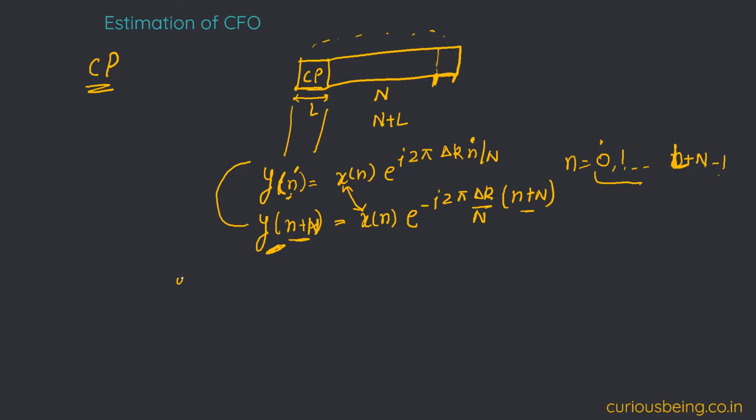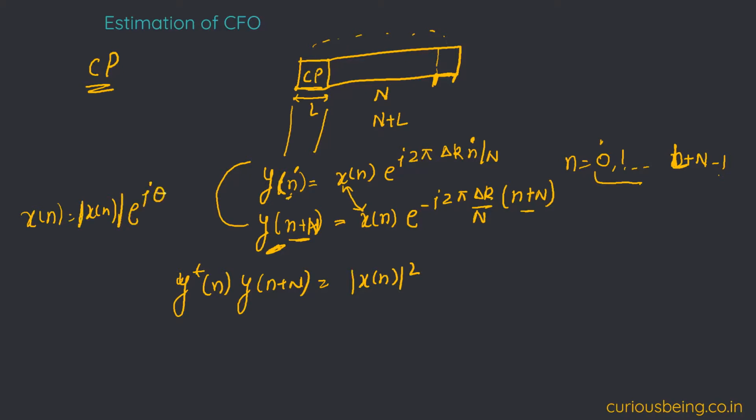Now let's do y conjugate[n] into y[n plus N], because they will be the same. So I'm just writing mod of x[n] square. Why I wrote it like this: x[n] will obviously be a complex number, so I can write it as magnitude of x[n] multiplied by some phase, let it be theta.